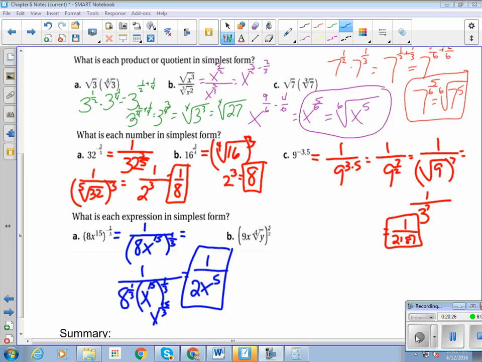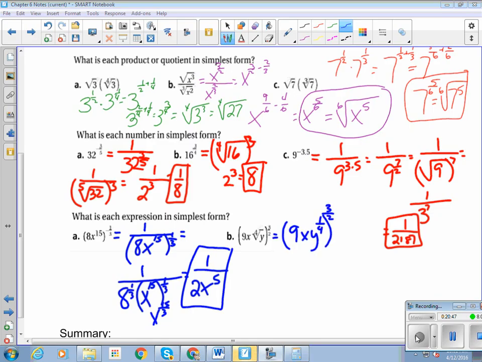All right, last one. So I'm going to give everything inside here a 3/2 power. So first let me rewrite 4th root. So this is 9x y to the 1/4 raised to the 3/2.